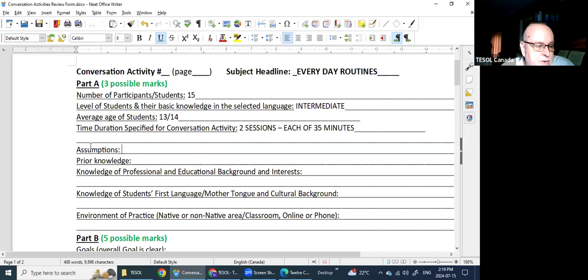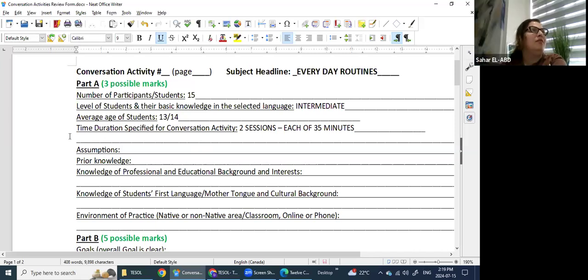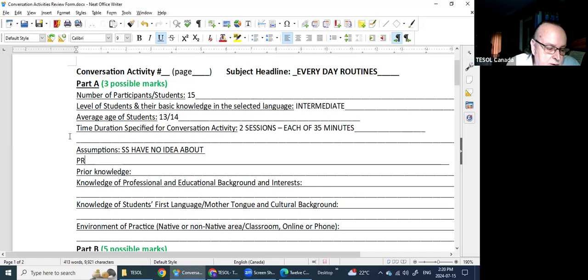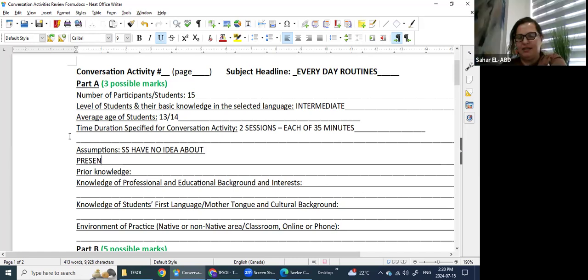Are we making some assumptions here? Maybe students have no idea about the form of the present continuous. Did you say present continuous? Yeah, or progressive.